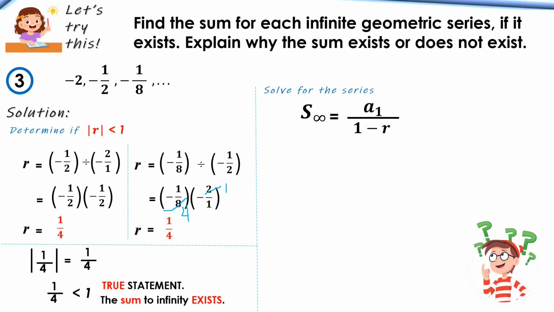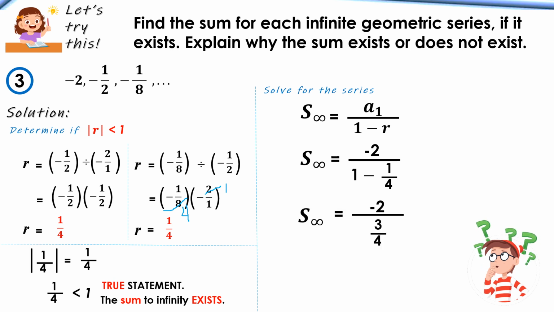For geometric series, infinite geometric series, that is, the sum to infinity is equal to a sub 1 divided by 1 minus r, and that is, our a sub 1 is negative 2 over 1, and our r is positive 1/4. So that is negative 2 divided by 3/4.